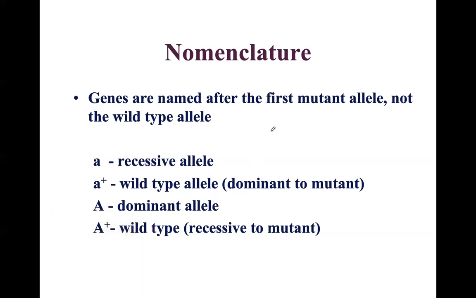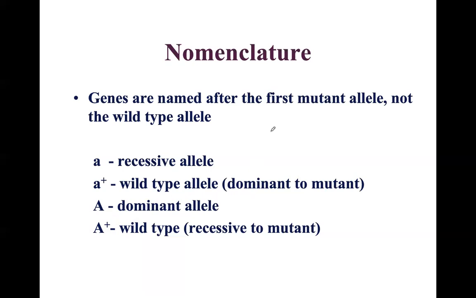So, for example, if you are looking at flies and you're looking at eye color, always the mutant is what is going to give you your symbol. If you remember on the previous slide, and remember we're talking about fruit flies, flies tend to have red eyes. That is their normal.